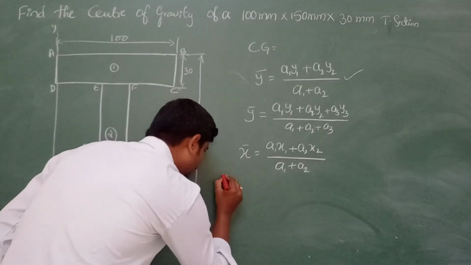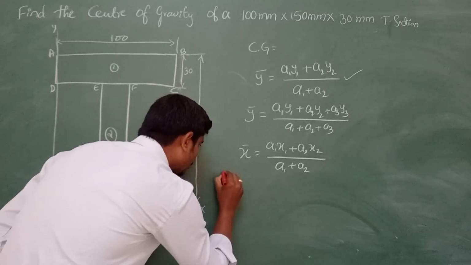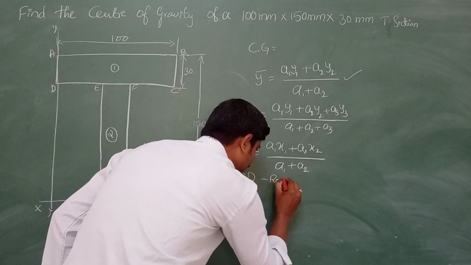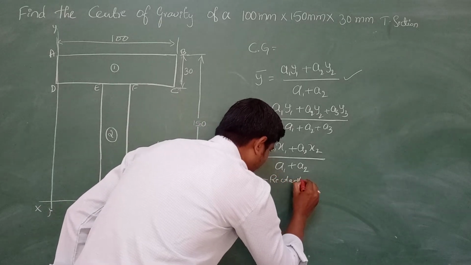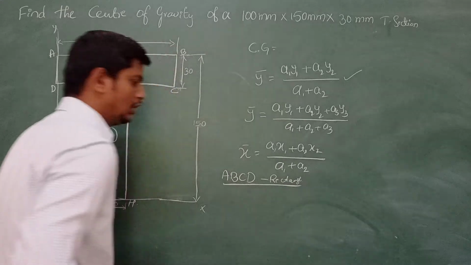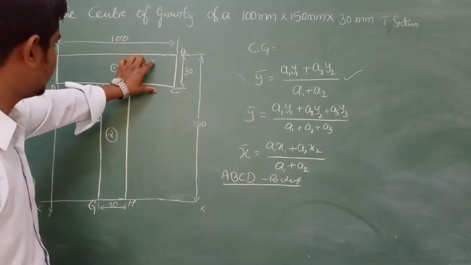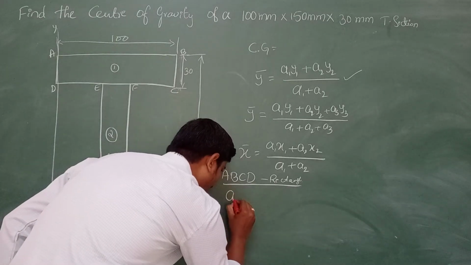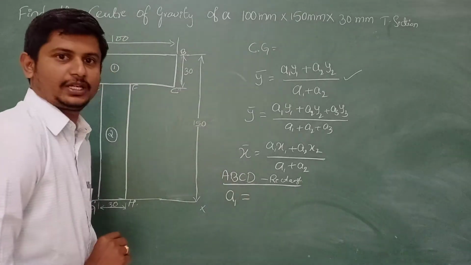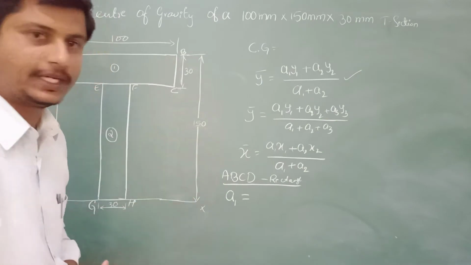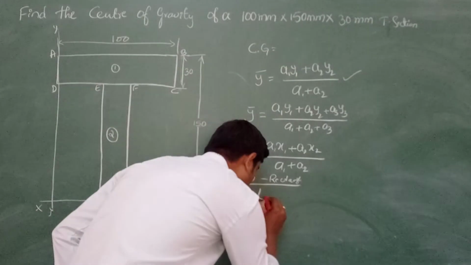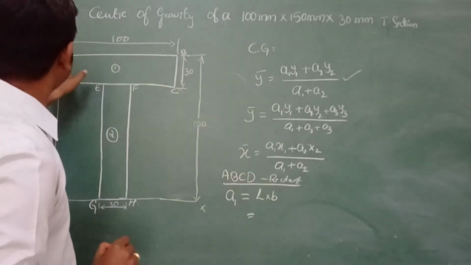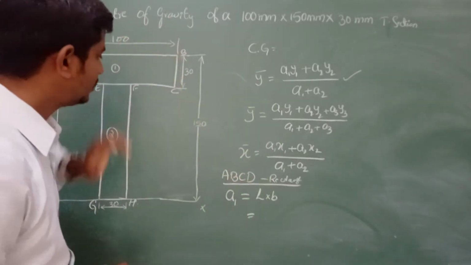So first consider the ABCD rectangle shape. According to the ABCD rectangle, the area of the rectangle A1 is length into breadth, L into B. Here L is 100 and B is 30.